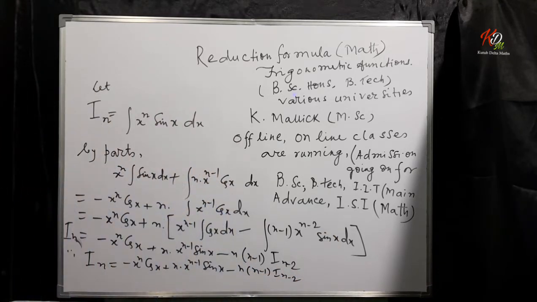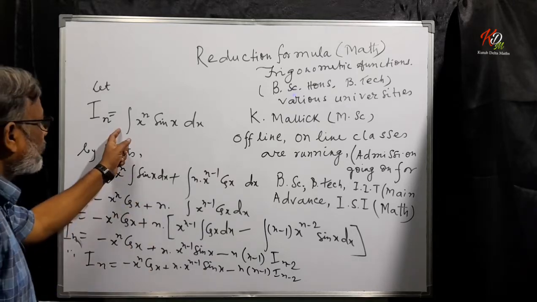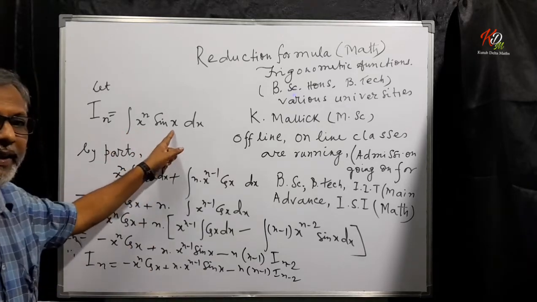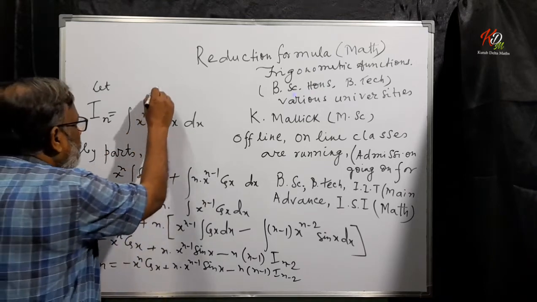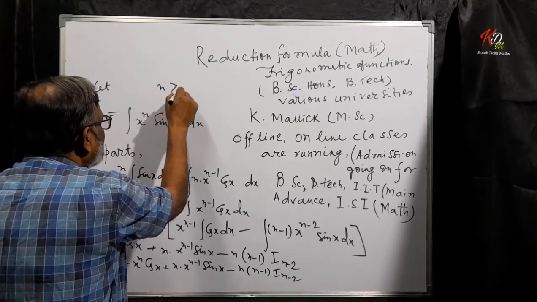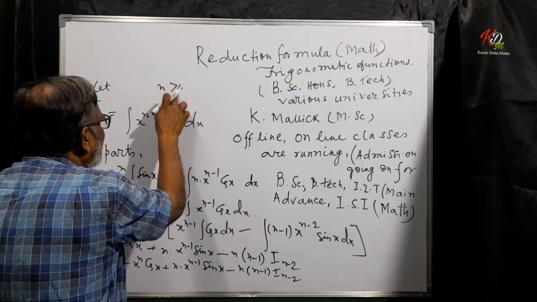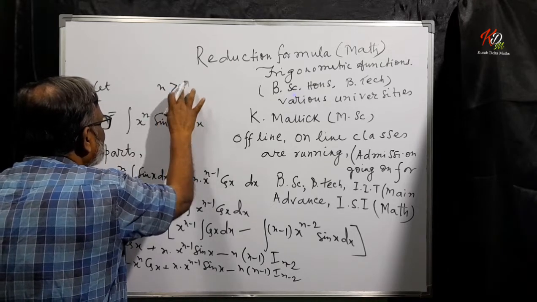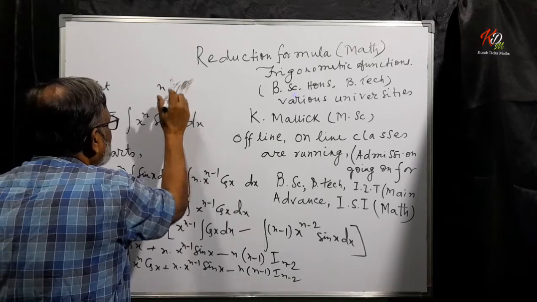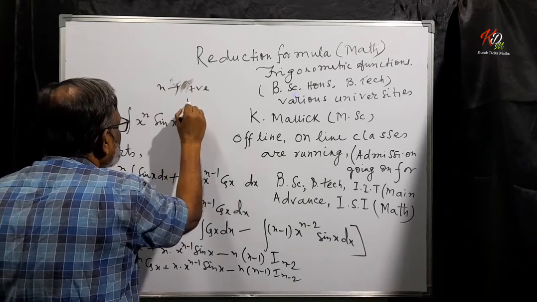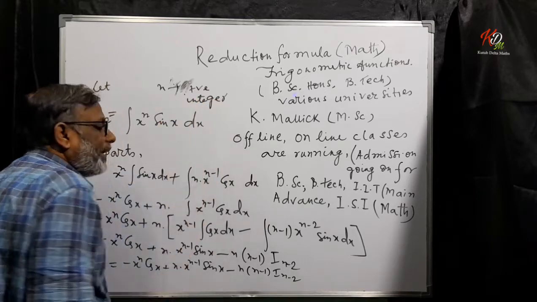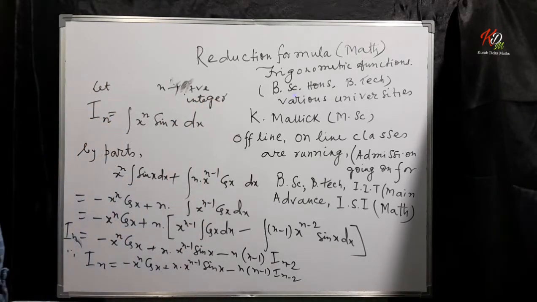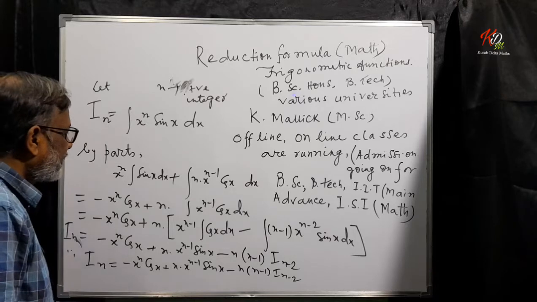This is the reduction formula of integration x to the power n sin x dx. Here n is a positive integer. It may be 1, 2, 3, 4 and other positive integers.